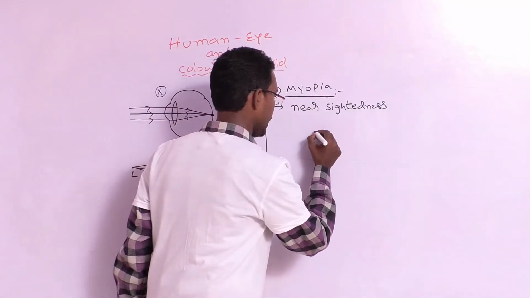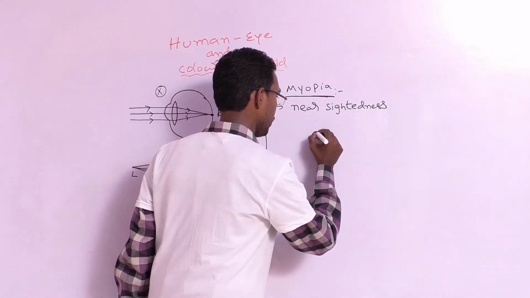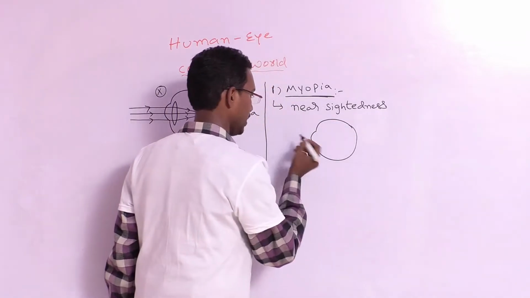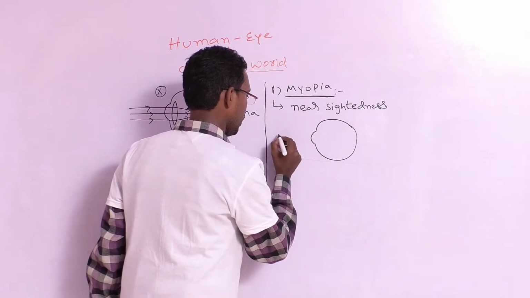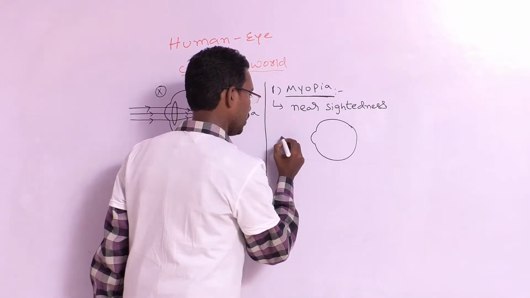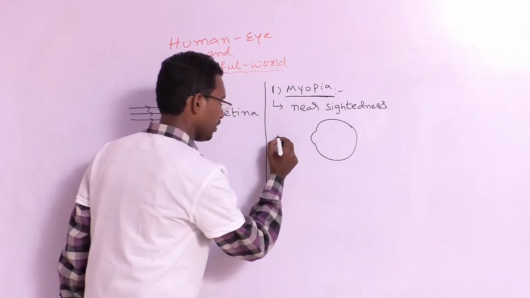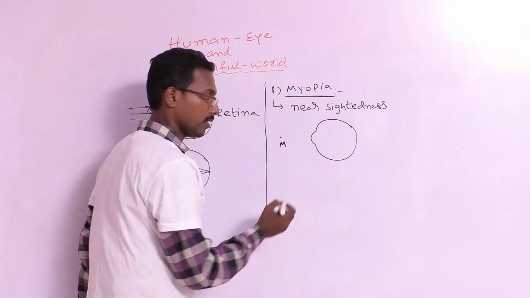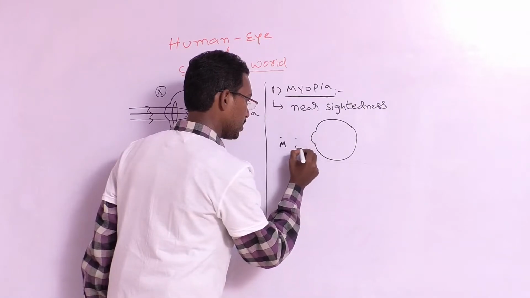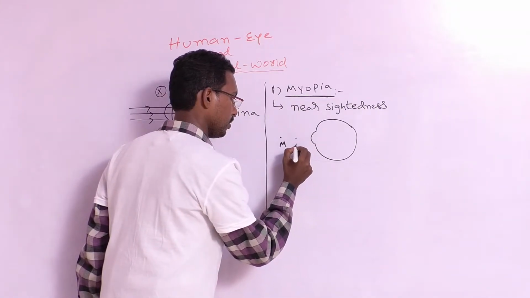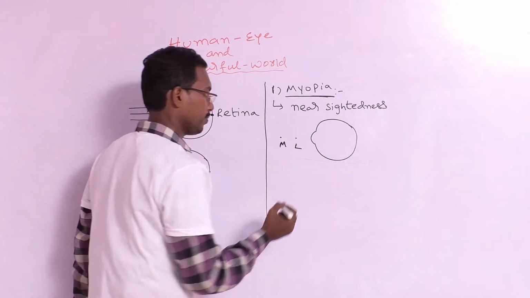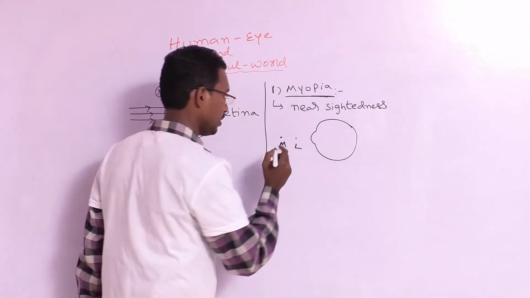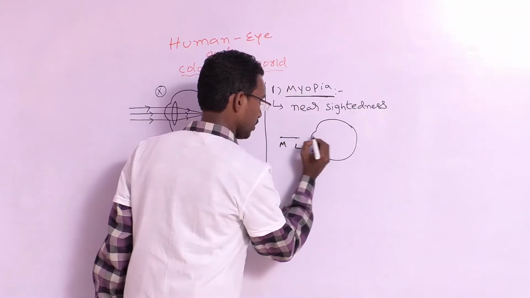So if you draw the ray diagram for the person suffering from myopia, it is like this. Take a point M as the myopia point, and L is the least distance of distinct vision. What I have discussed, this is the final point up to which a person can see an object.